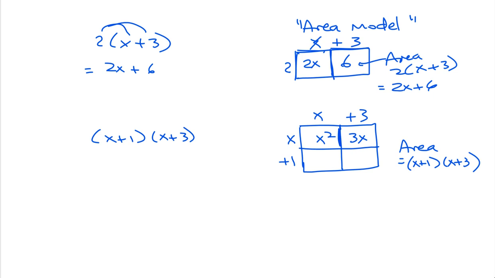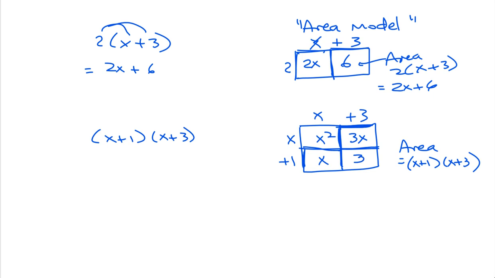So how am I doing that? This dimension is x, this dimension is 3. So that gives me 3x. Next one, this dimension is 1 and this is x. That gives me 1x, and I won't write the 1. You can, but you don't have to. And the last one is going to be a 1 by 3, so that's going to be 3.